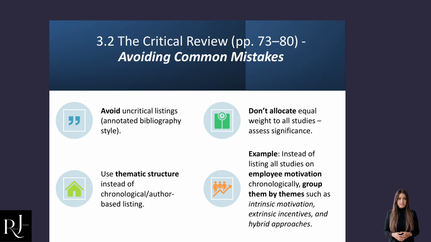For example, instead of listing every study on employee motivation in order of publication date, group them by themes such as intrinsic motivation, extrinsic incentives, and hybrid approaches. This demonstrates your ability to synthesize and categorize complex information rather than just reporting what has been written by others.